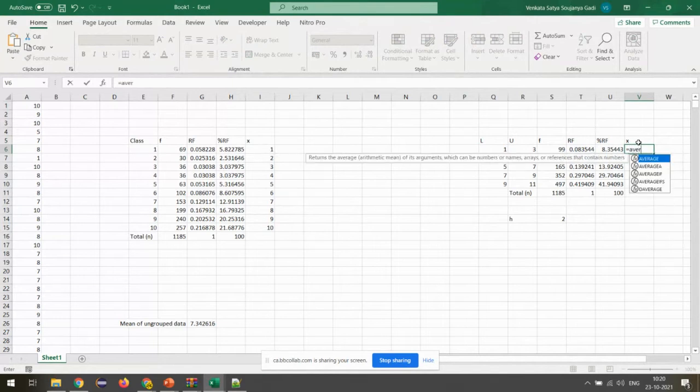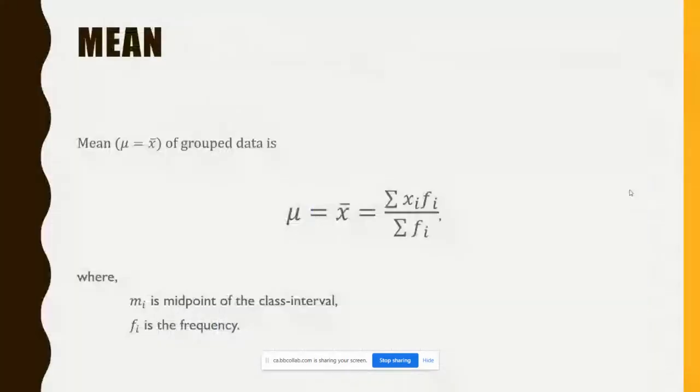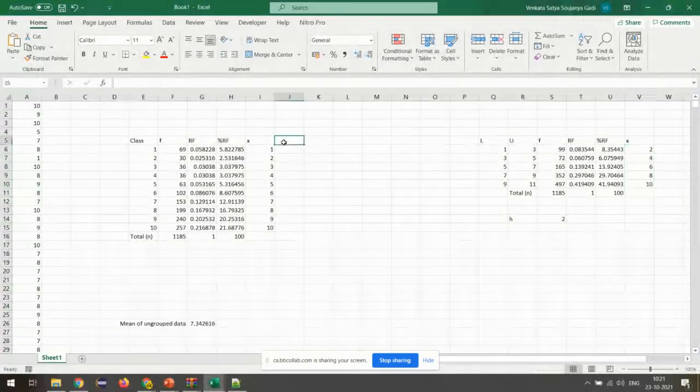Let's say the average of these two numbers. So this is the x we found. I'm doing it for both tables, this table and this table. And we need to calculate x times f. What is f? Oh, sorry, we already have f, the frequency.